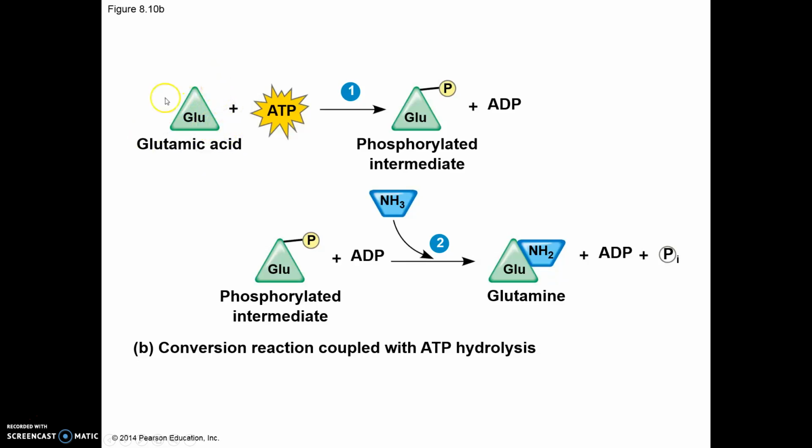So if we take glutamic acid, and hydrolyze this ATP, releasing that phosphate, putting that phosphate onto the glutamic acid, creating this phosphorylated intermediate and ADP.